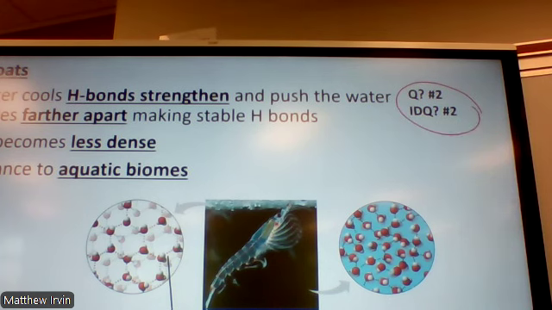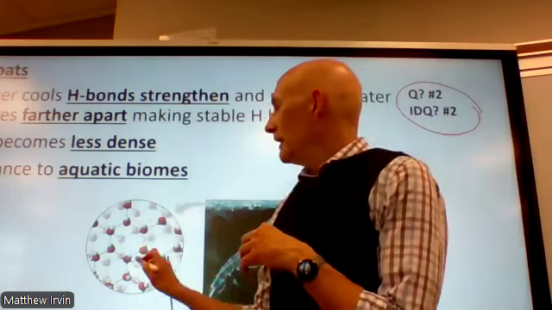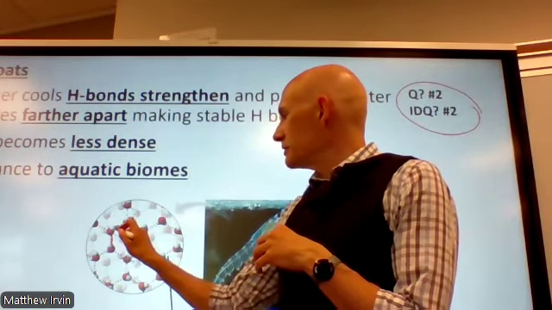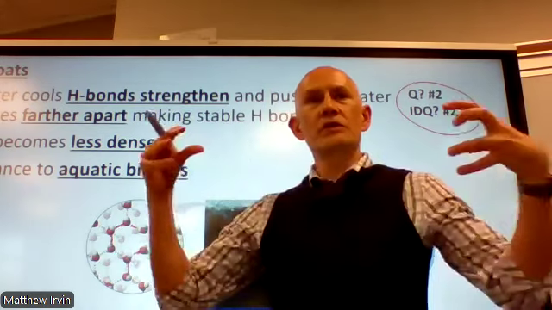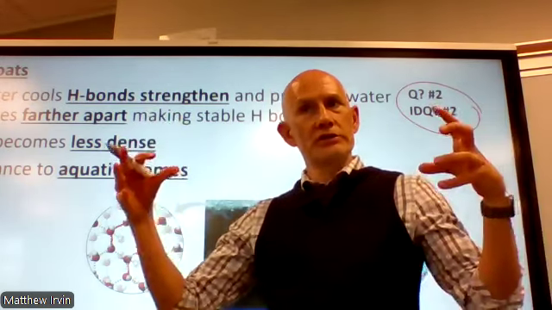Ice floats because water is less dense as a solid. As water freezes, the water molecules organize and they form a crystalline lattice structure. And as these hydrogen bonds between the molecules become more rigid, that forces the water molecules apart.